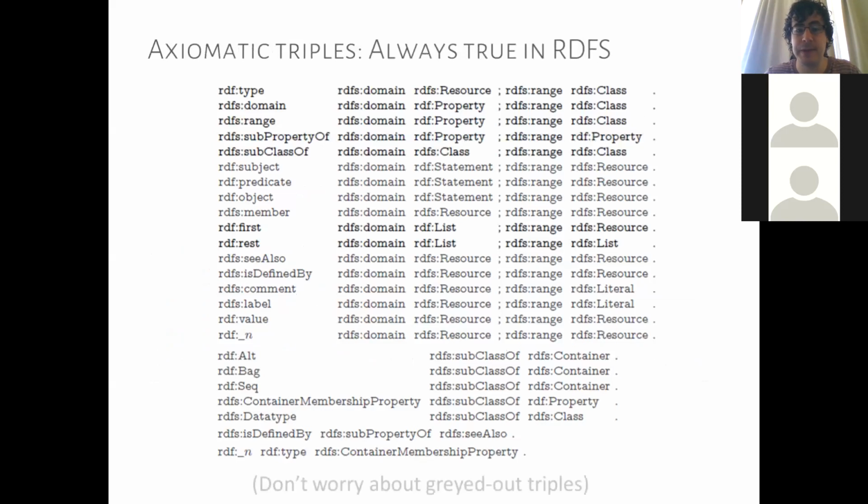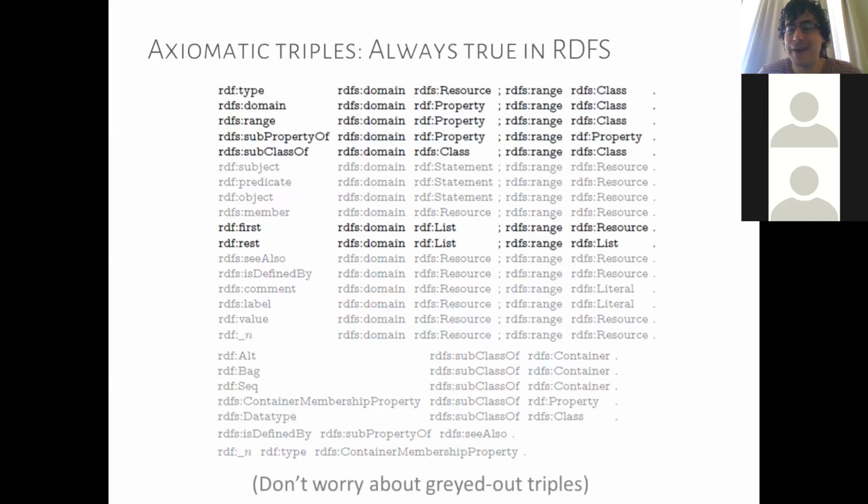This is the intuition. There are some additional triples called axiomatic triples that are always true in RDF. Examples would be type domain resource, which is sort of trivial, and type range class. So if we have A type B, then A is a resource, which doesn't really say anything interesting, but B is a class. What we're doing really is defining the RDF and RDFS vocabulary using the RDF and RDFS vocabulary itself.